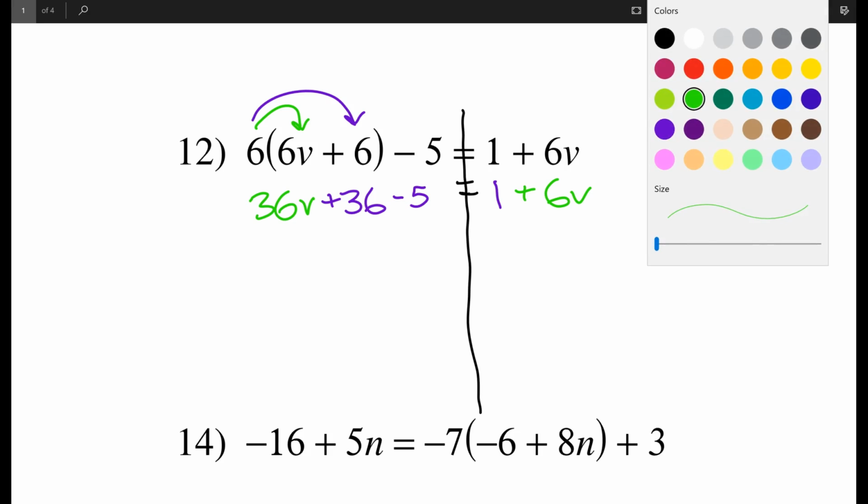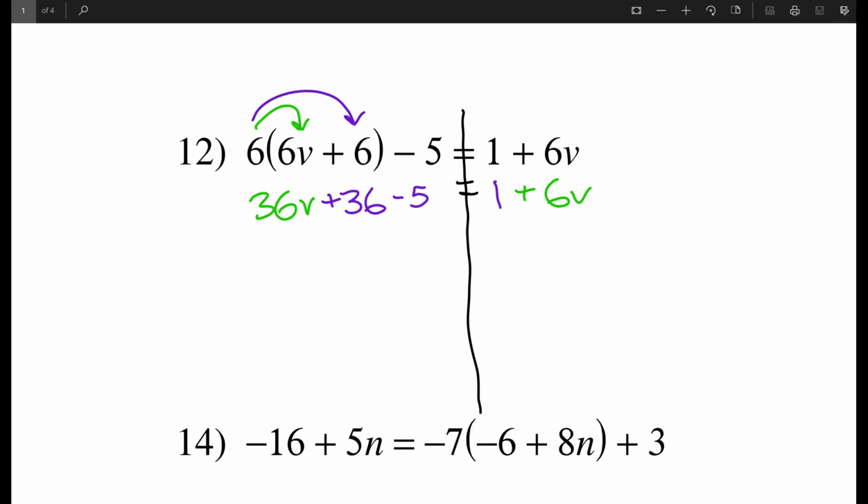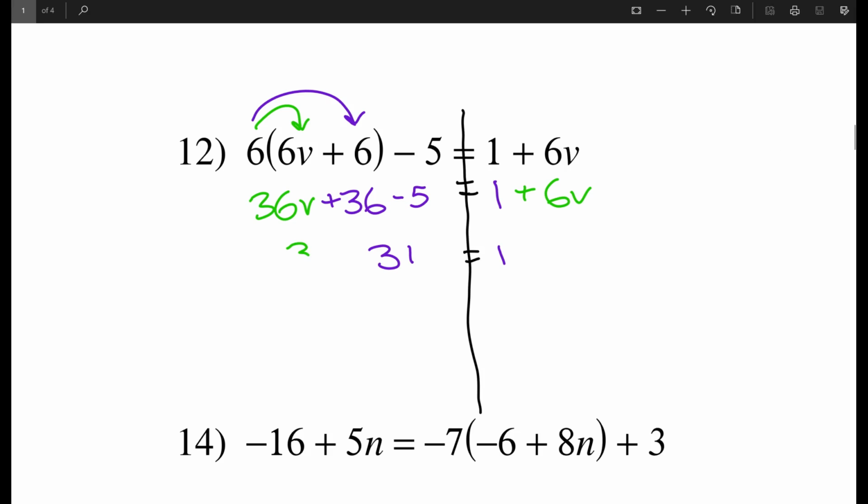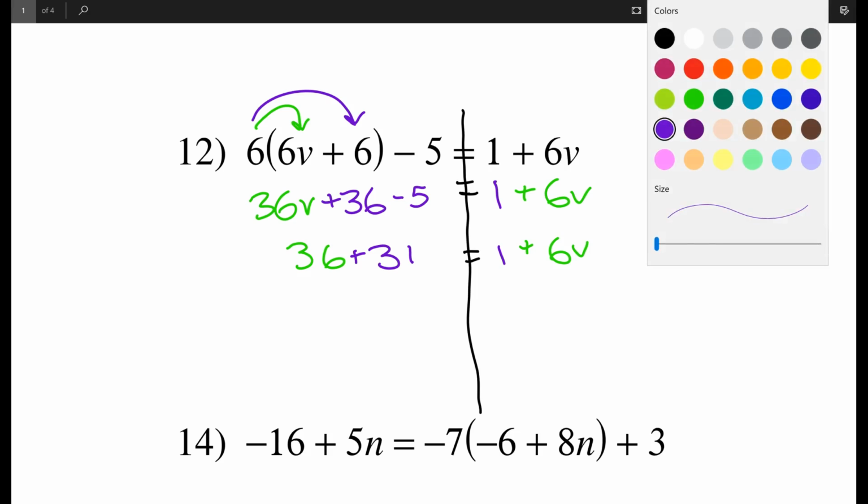So we say, okay, let's combine our like terms first. 36 minus 5 gives me 31. That's 1. And in green, there's 36. And the 6v remain the same. I forgot to add this plus sign here. Okay. Now, what I need to do, and I forgot my v, oh my goodness.